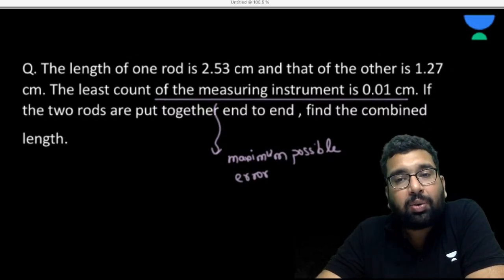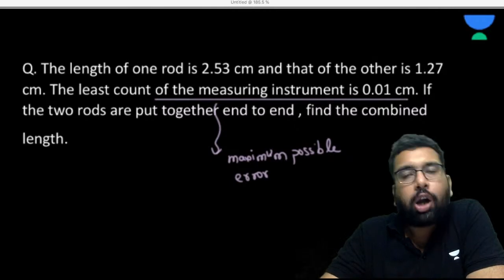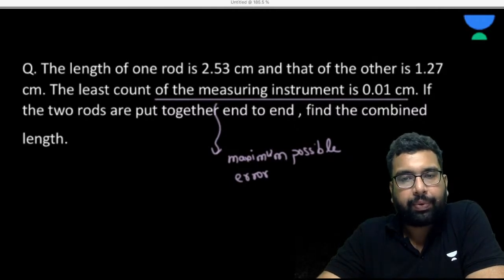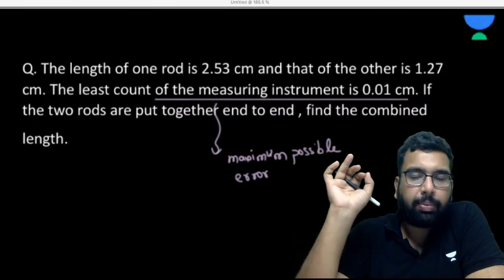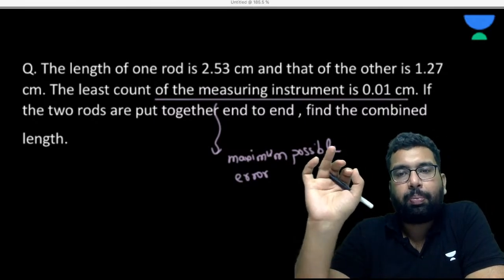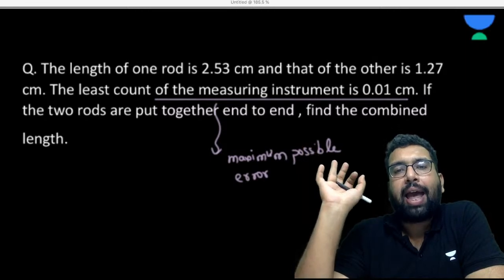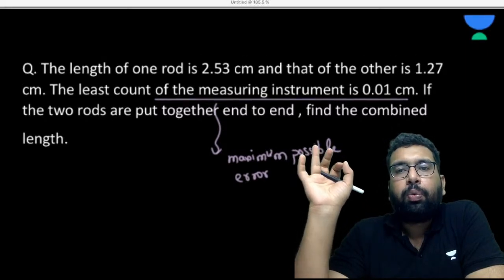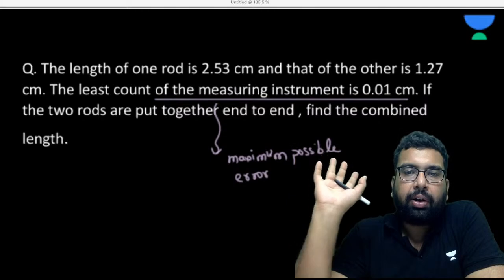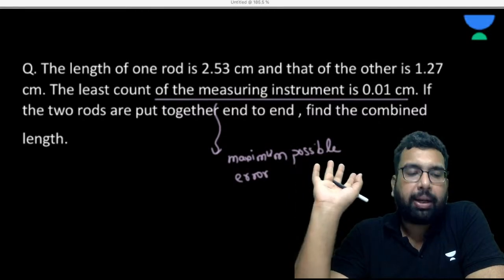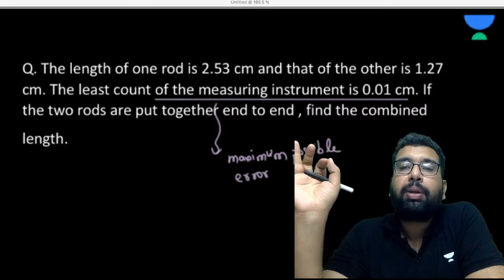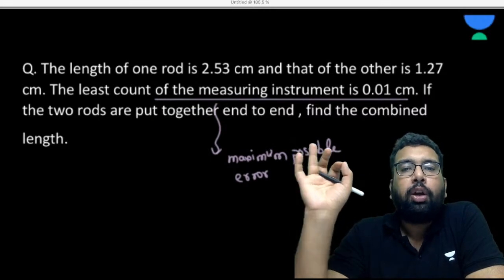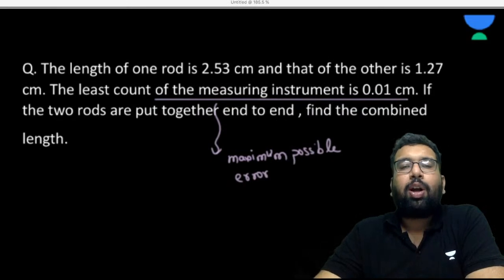This least count is the maximum possible error or the absolute error. And I already told you least count is the smallest measurement that can be taken from an instrument. What is the smallest measurement an equipment can do with accuracy is what we call the least count.